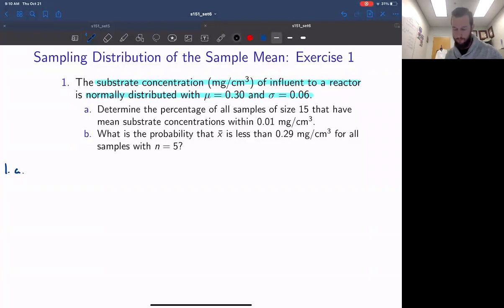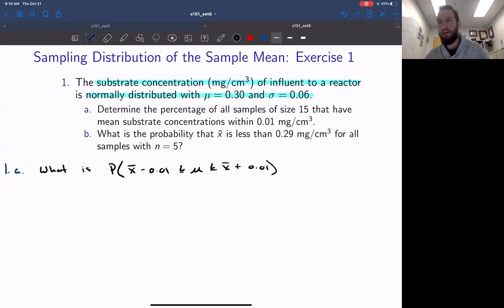It's basically asking: what is the probability that x bar minus 0.01 is less than or equal to mu, is less than or equal to x bar plus 0.01? So we're being asked, if we collect samples of size 15, what is the probability that our estimates of the mean will be within 0.01 of the true mean?